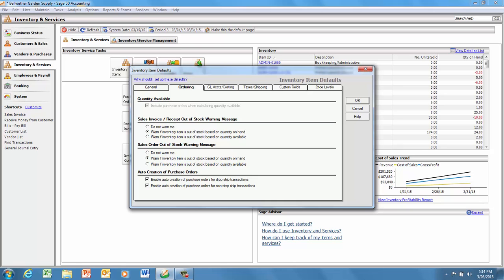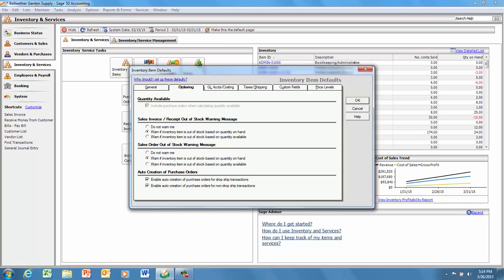And this is where you say that, yes, I want to be warned when I'm getting low of a particular item, and yes, I want to be warned if the item is out of stock, etc. But you have various options here that you can do.